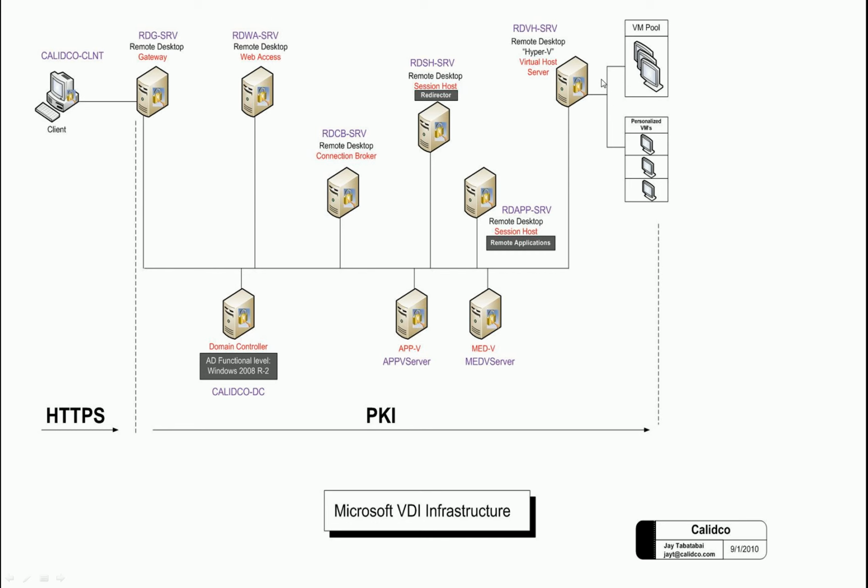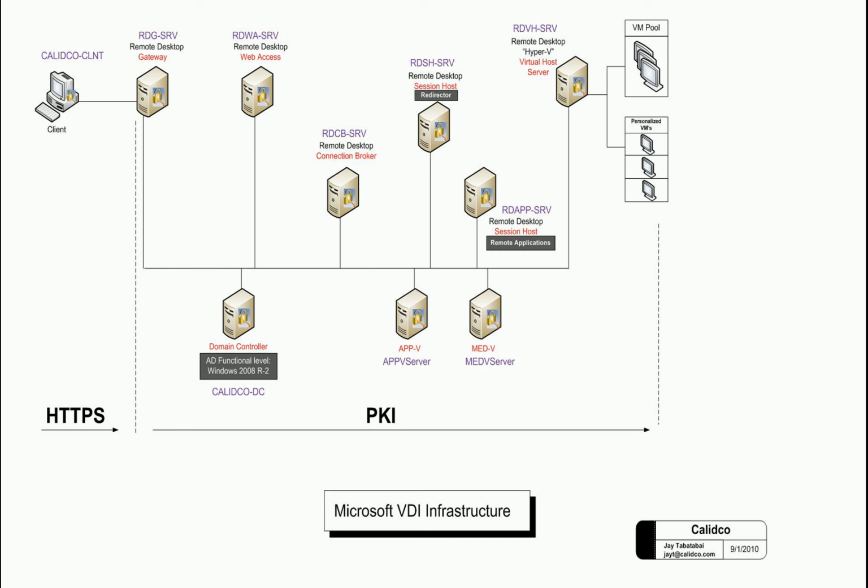The virtual host server is used for publishing a pool of virtual machines or personalized virtual machines. It has to run on its own Hyper-V, and consequently on its own dedicated server. Then in the architecture, we're showing MED-V and App-V. MED-V basically uses a virtual PC to allow applications to be streamed down to the client.